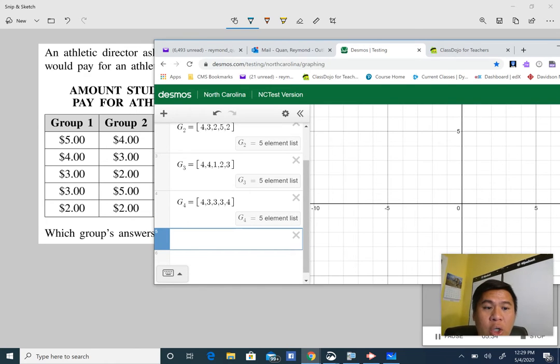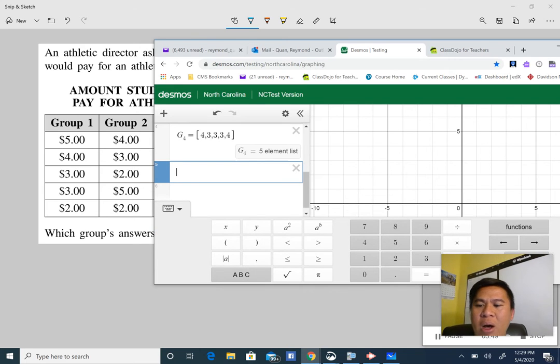Now, since we are looking for the measure of variability, again we can either use our standard deviation or variance. So what I'm going to do using our Desmos is click on our keypad button.